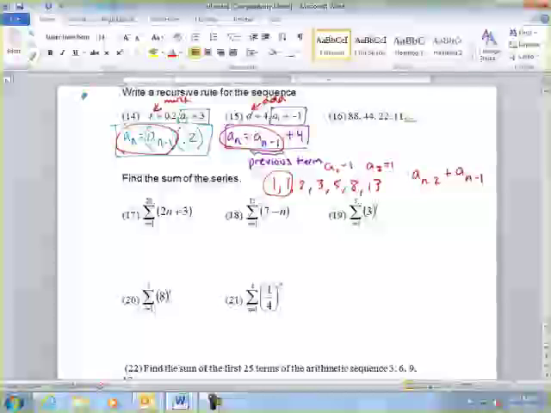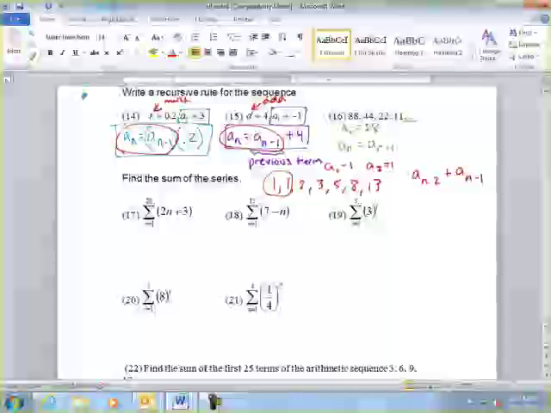So for 16, it doesn't tell us whether it's arithmetic or geometric, so we have to figure that out. You have to give the starting term. Since it's not explicitly stated, you have to say a sub 1 equals 88, because there's nothing to just box in there. It wasn't given already, so you have to state the starting term. And then what do we do after that?